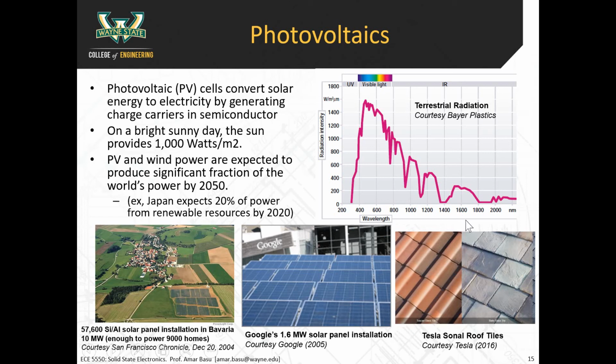This is wavelength on the x-axis, right? So as we go to the right side of the diagram, it's lower energy light. In order to form a carrier in a semiconductor, you have to have enough energy to what? The energy has to be greater than what? The band gap. Exactly. So the band gap for silicon corresponds to somewhere around 1,000 nanometers or so.